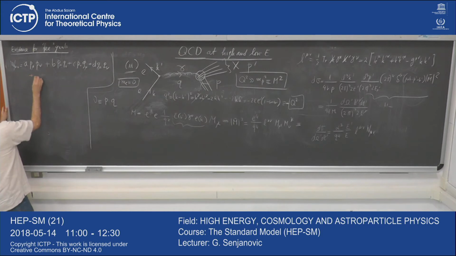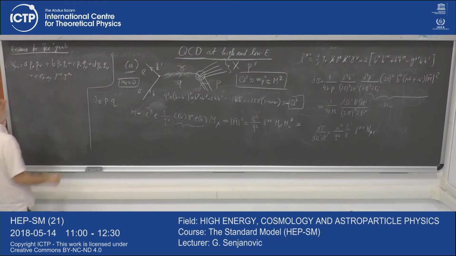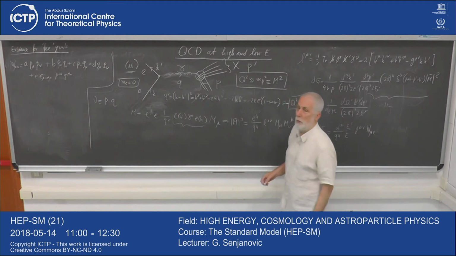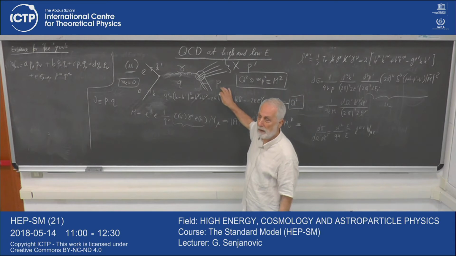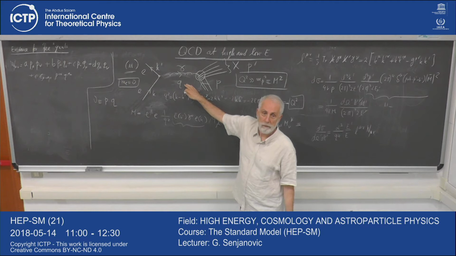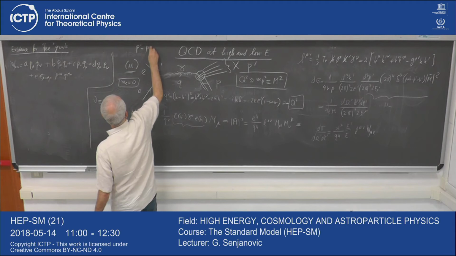I don't know if then there is E epsilon mu nu alpha beta P alpha Q beta. Did I take everything into account? I guess I did. In general, W mu nu is a function of P and Q. I'm going to choose those variables. My initial momentum, and instead of working with P prime, I use Q as the exchange. It's the same thing. Remember, P prime is P plus Q.